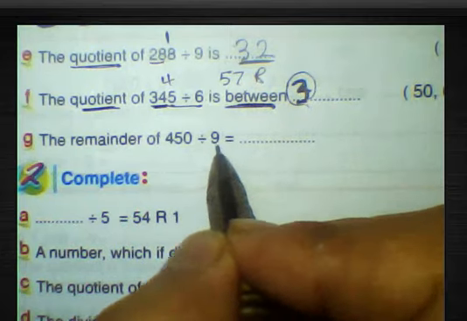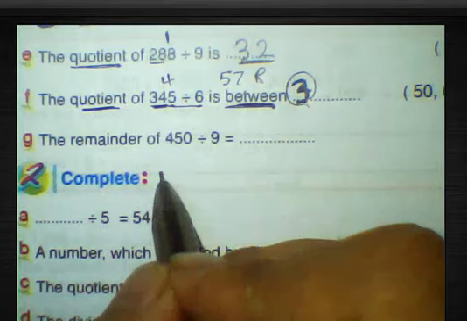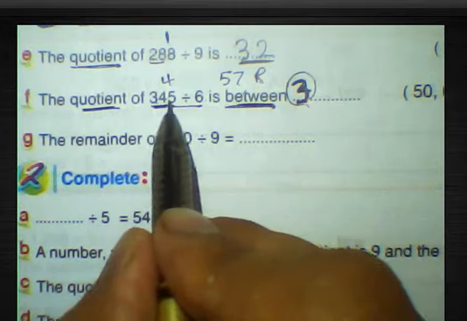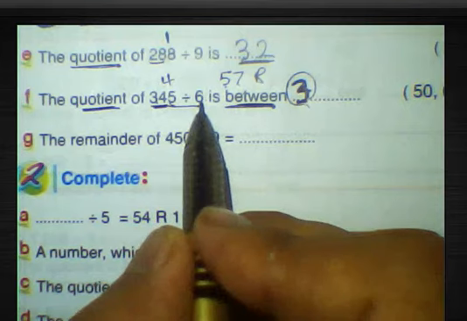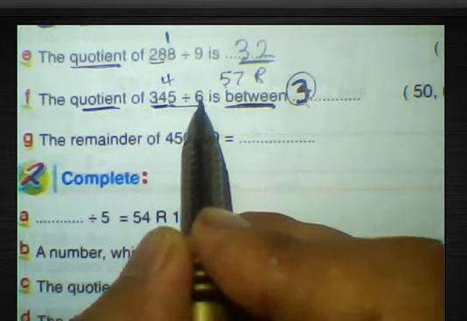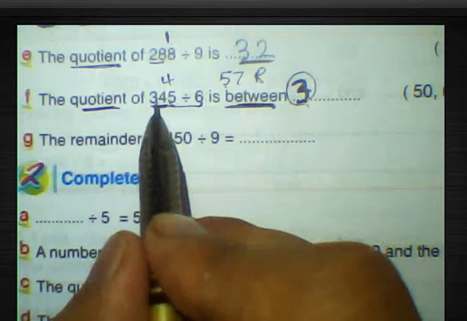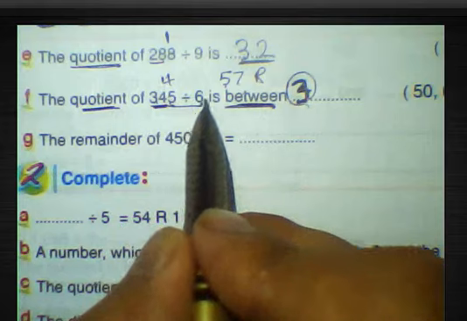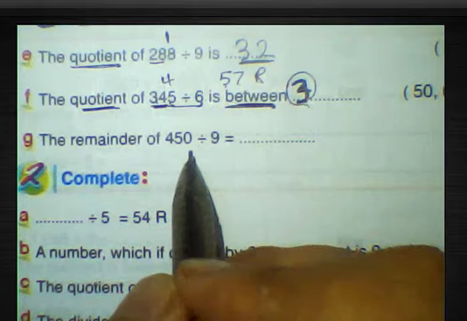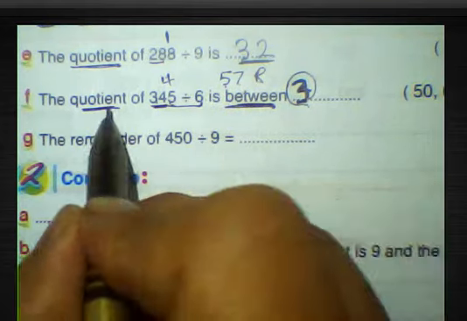Again, okay, I will solve this example again. Look with me here. 34 divided by 6 equals 5, because 5 times 6 equals 30, and remainder 4. The difference between 34 and 30 is 4. 45 divided by 6 equals 7 and remainder 3. He tells us the quotient lies between what?